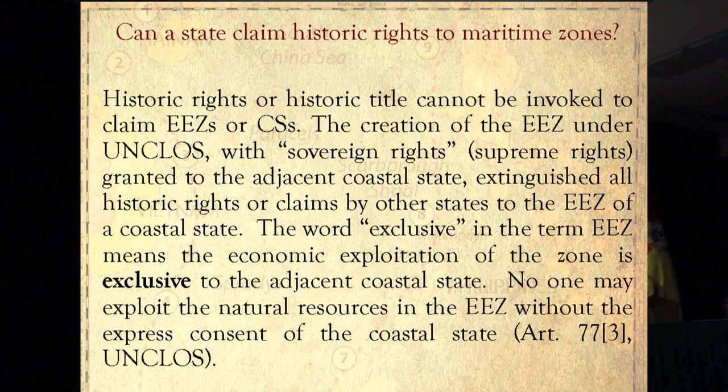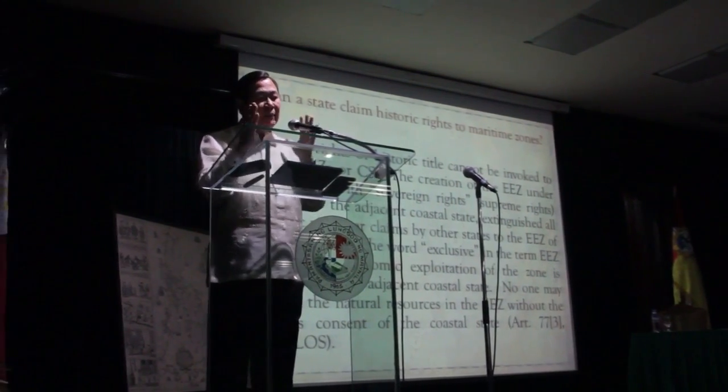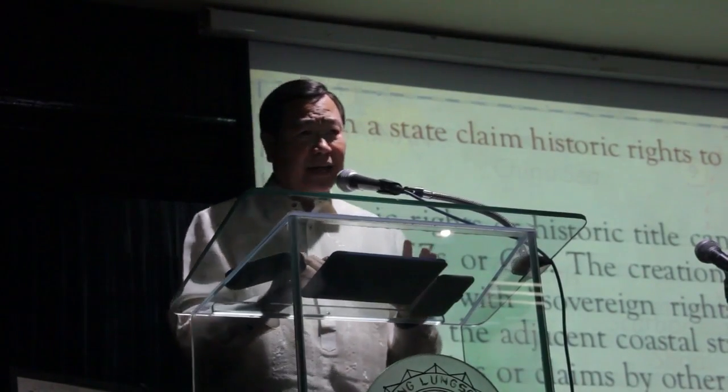China is saying we have historic rights over the entire South China Sea, even if it encroaches on the EEZ of the Philippines, Vietnam, Malaysia, Brunei, or Indonesia. No, that cannot be done now, because when UNCLOS was negotiated, and China actively participated in the negotiations, what is China saying now?